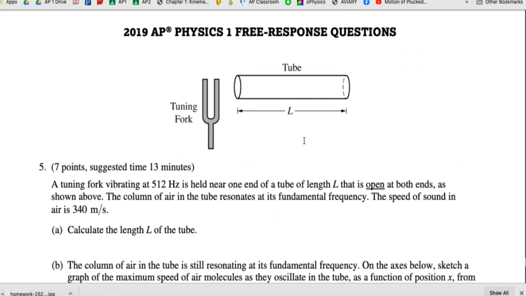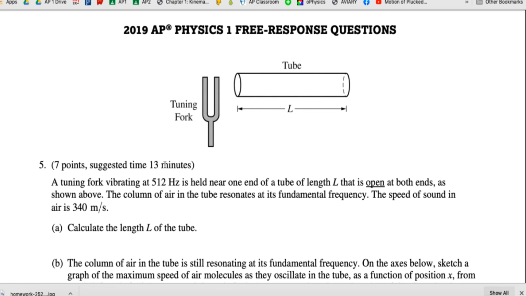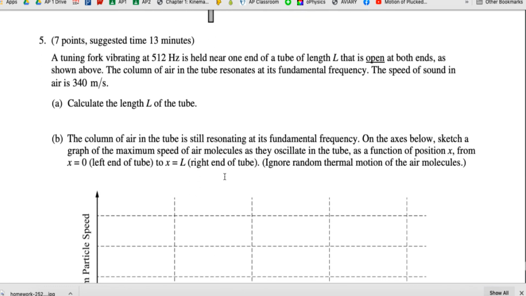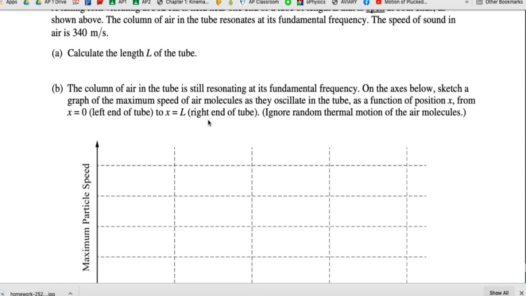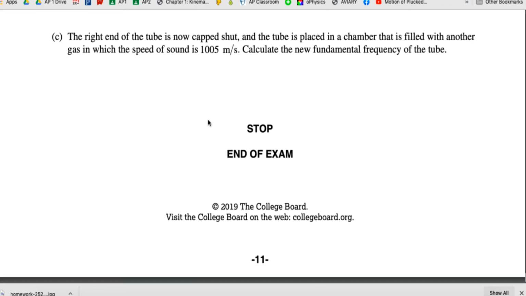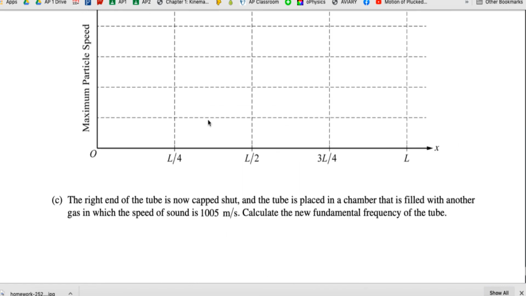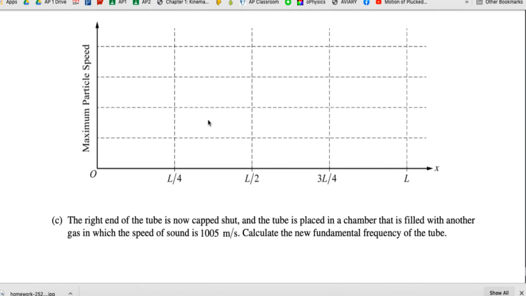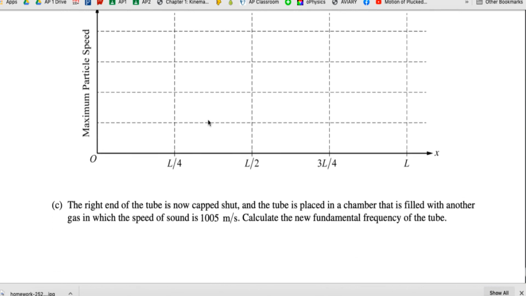The last one, a 7-point question that looks like 13 minutes, will be another short answer. Within that, there are calculations showing your understanding of the math involved, but I wouldn't call this the qualitative relationship one, because you're not deriving an expression through math.